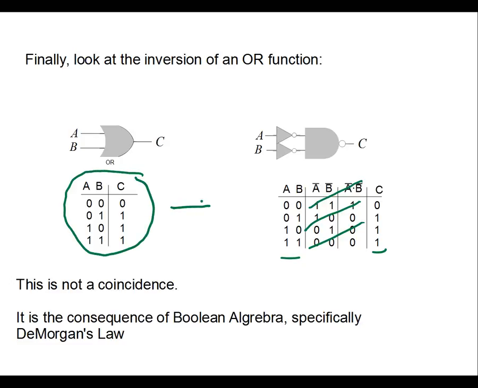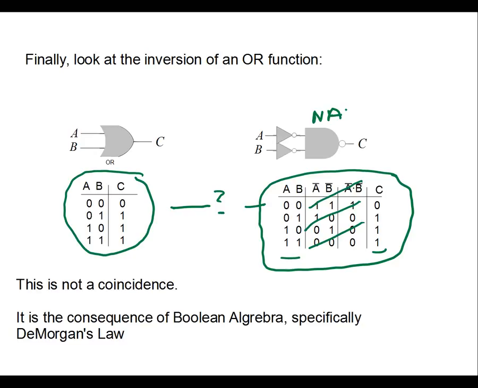Compare that with this truth table. They're identical. So this allows us to use an AND gate, actually a NAND gate, N-A-N-D, to produce an OR function if we invert the inputs.